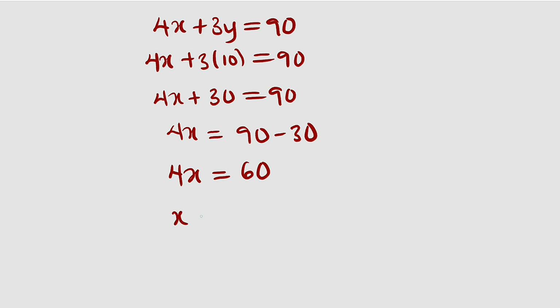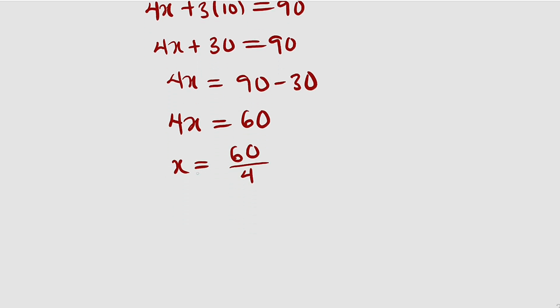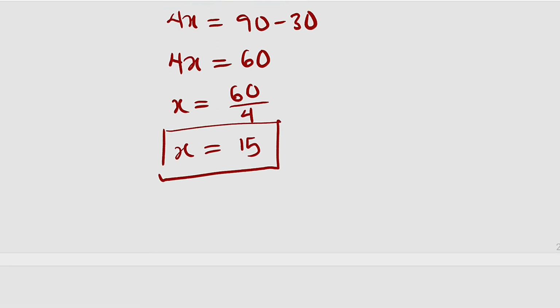And finally, x equal to 60 divided by 4, which implies that x is equal to 15. Therefore, x and y equal 15 and 10. So we have just answered the first question.